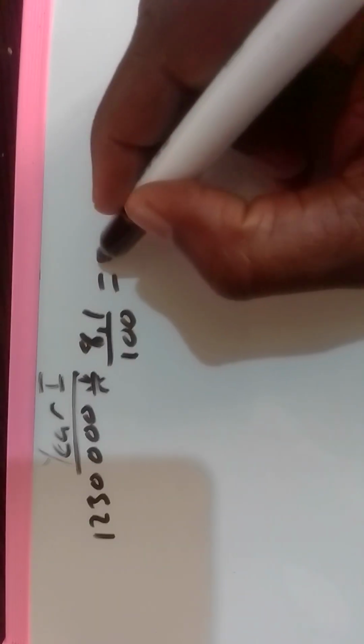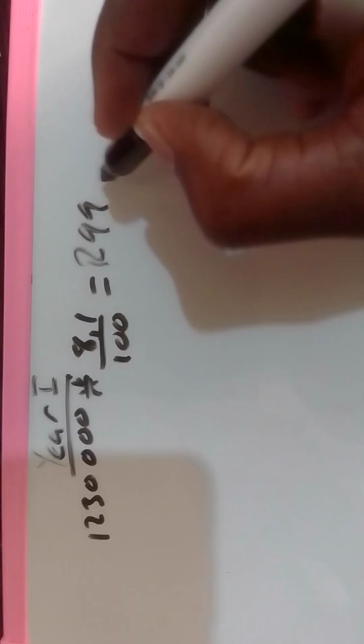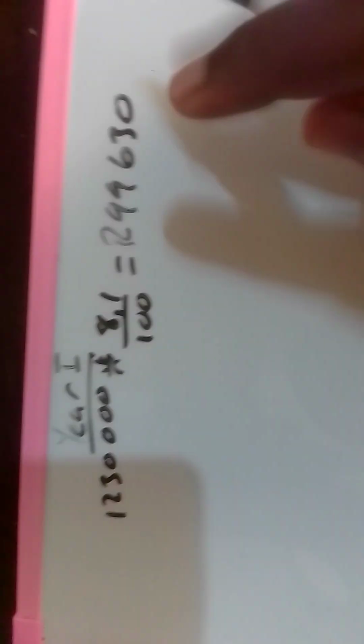So we now say 1,230,000 multiplied by 8,1 over 100. It gives us 99,630. So the interest from the first year is 99,630.